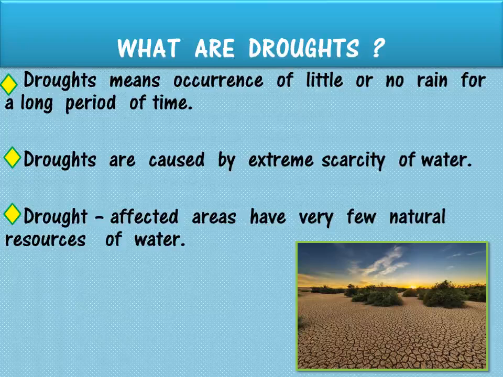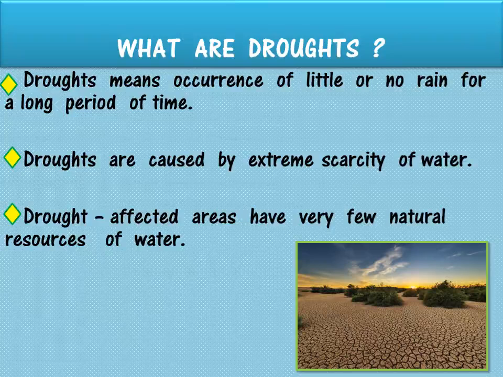In drought-hit areas, people are affected a lot because of lack and scarcity of water. They are unable to grow anything nearby, and the natural resources we are blessed with also get dried up, children. So what are droughts?